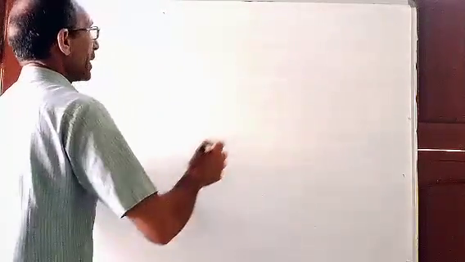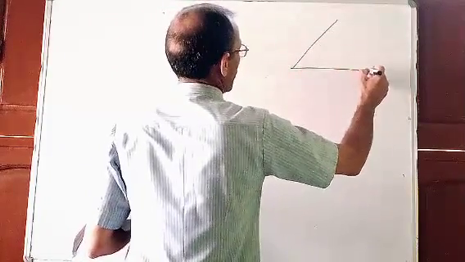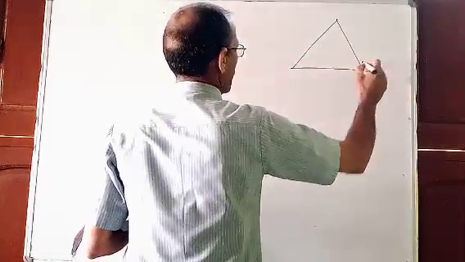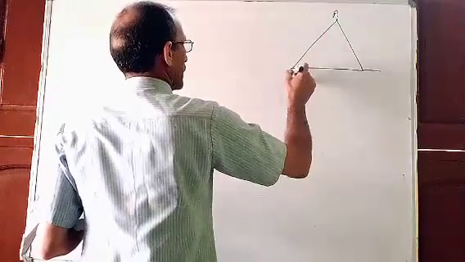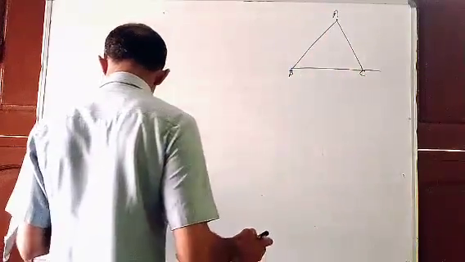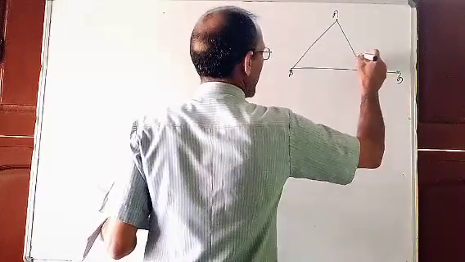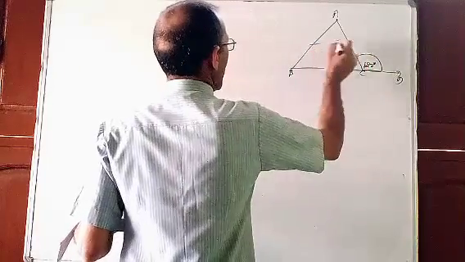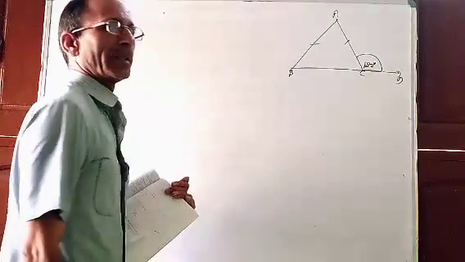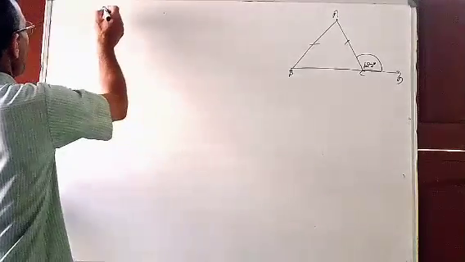So this is the given figure. ABC, and this is the exterior angle at D. The measure of this angle is 120 degrees. AB is equal to AC. What is given?